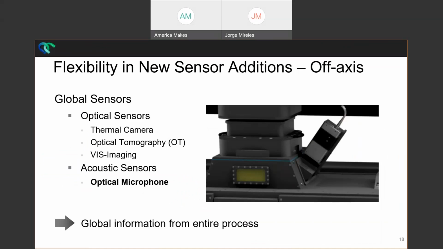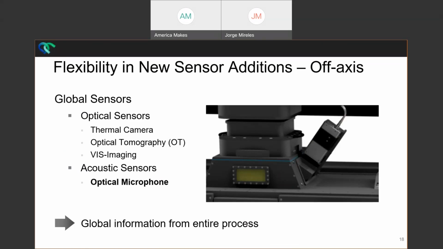And then regarding off-axis monitoring, this really gives more of a global perspective, right? So rather than looking at the melt pool, you're now looking at the entire process. And I'd like to say this is really well enabled by our open optical frame.